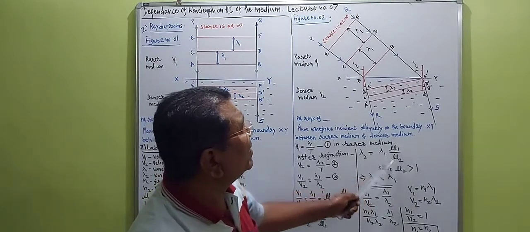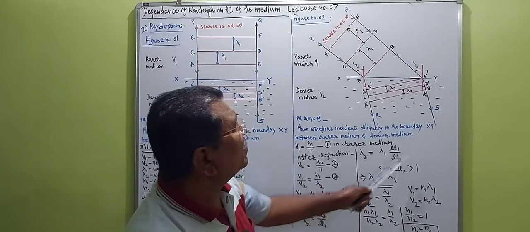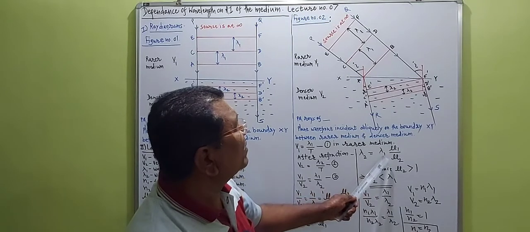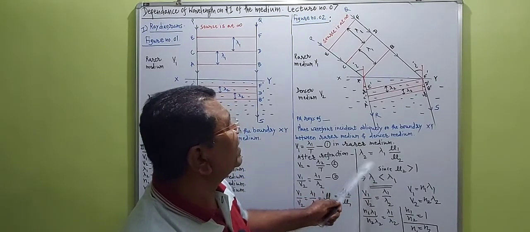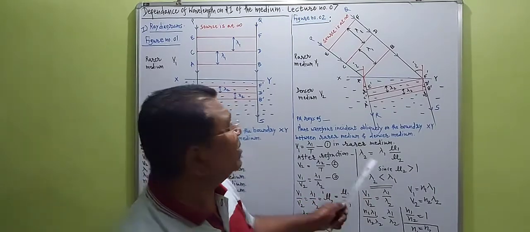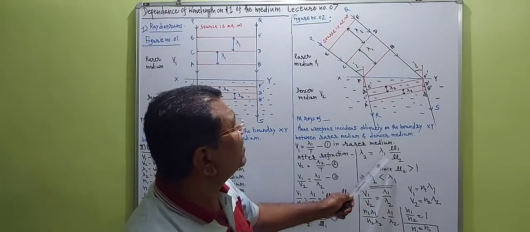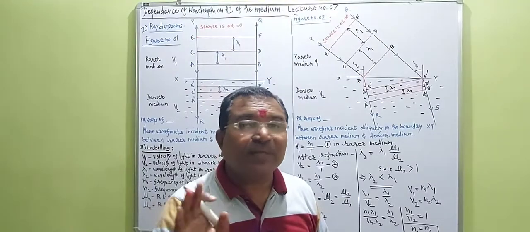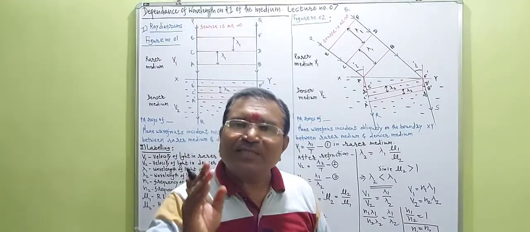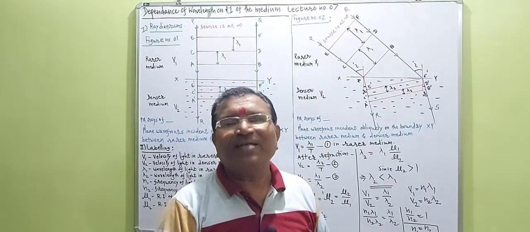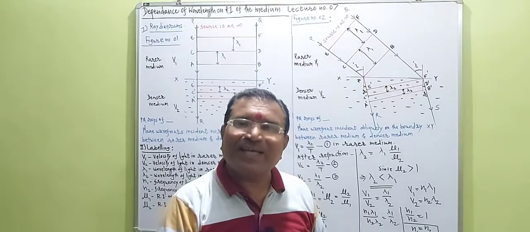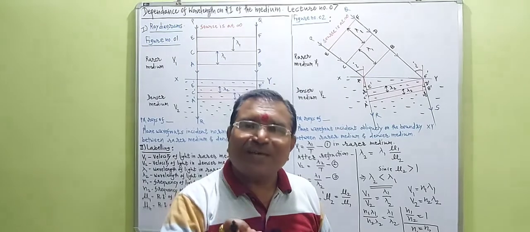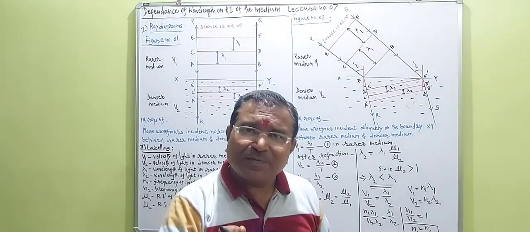And if this ratio is less than 1, suppose here 0.9 into lambda 1, lambda 2 is obviously less than lambda 1. So there is an effect over wavelength, but frequency of light remains constant. So this is all about dependence of wavelength as well as frequency on the refractive index of the medium.